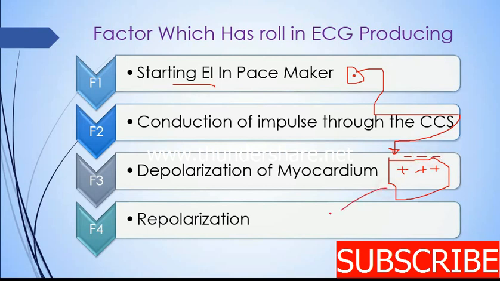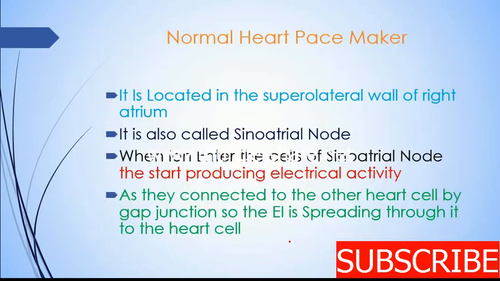And then the 4th factor is that the cell from this depolarized condition should again go to the rest condition, a process called repolarization. It should come to the rest shape like this: the inside is negative and the outside is positive. When there is no stimulus, the outside is positive and the inside is negative.